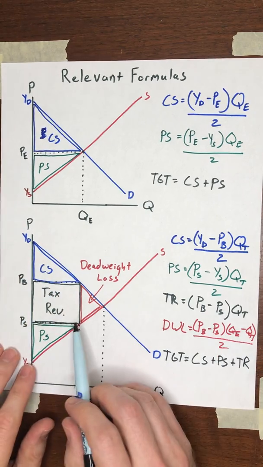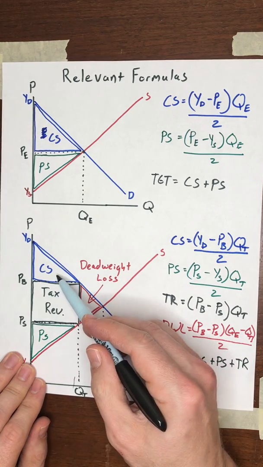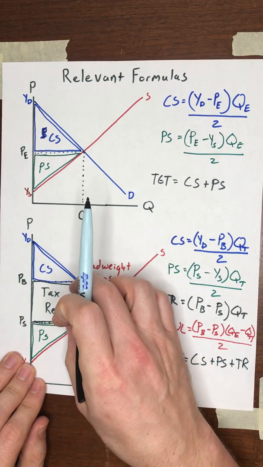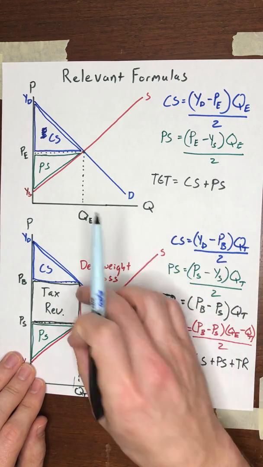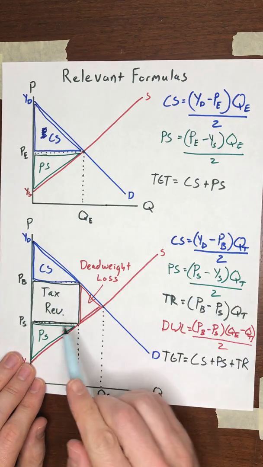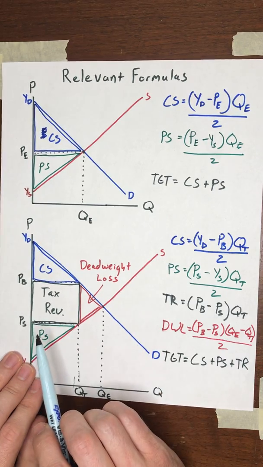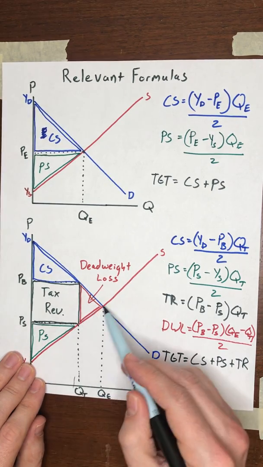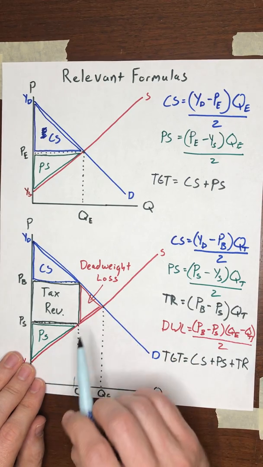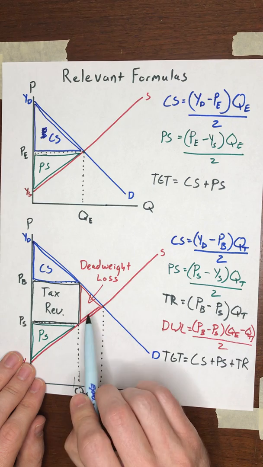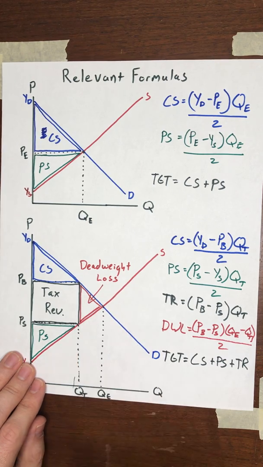Okay, these tax revenues are still gains from trade. They just don't go to the consumers or the producers anymore. They get transferred from the buyers and sellers in the market to the government. Okay, but the government, somebody is getting that money, so it still counts as total gains from trade. This area here, the deadweight loss, that is not captured by anyone.